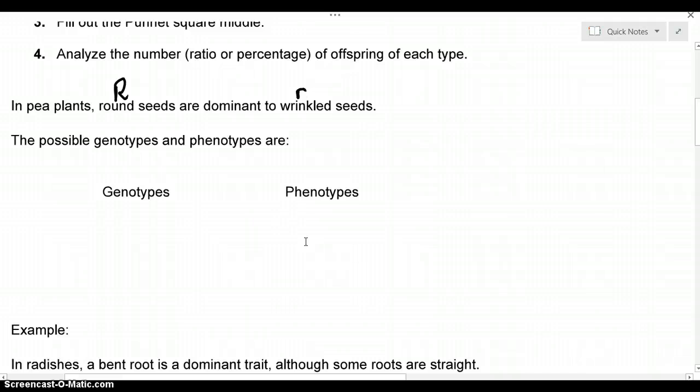What possible genotypes and phenotypes can we get out of these 2 traits? Well, the genotypes can be homozygous dominant, that means 2 capital R's, and that will mean that we will have definitely round seeds.